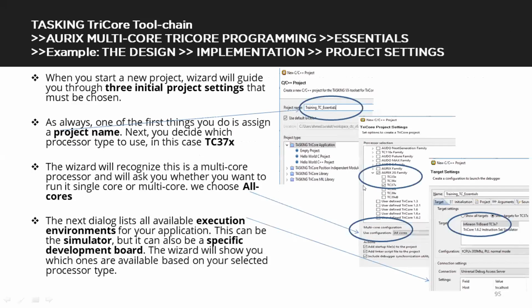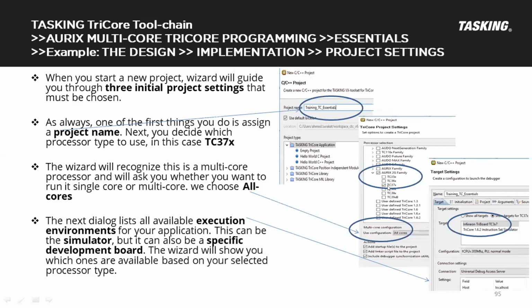Okay, so this tells you how you start your project using our tool chain and our IDE. Here it's a 3 step wizard, so it's wizard based to start your project. First you have to create a new project, and you have to give it a name.